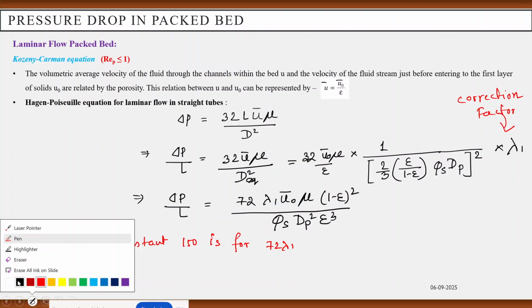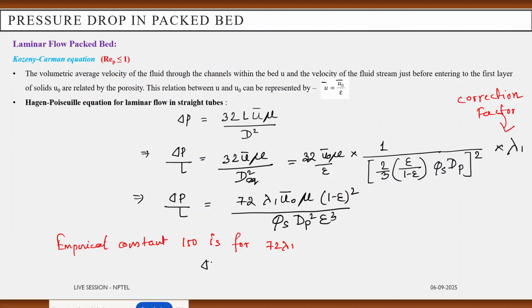From there we will get the ultimate equation, that is del P by L equals 150 U mu by phi s dp square, times 1 minus porosity squared by porosity cubed.